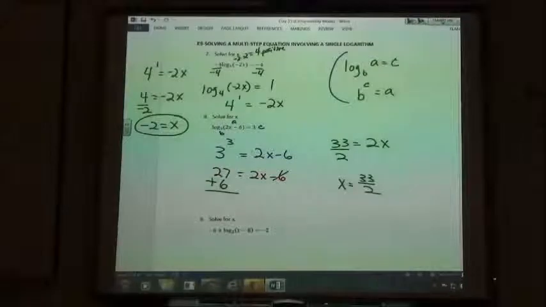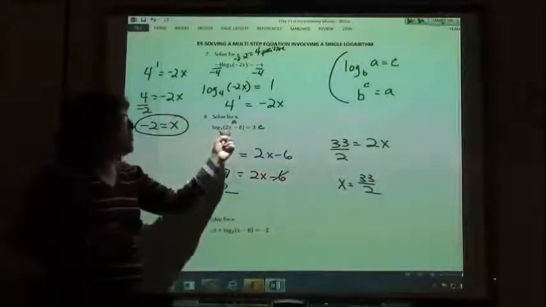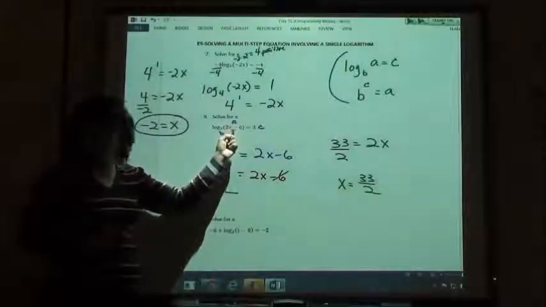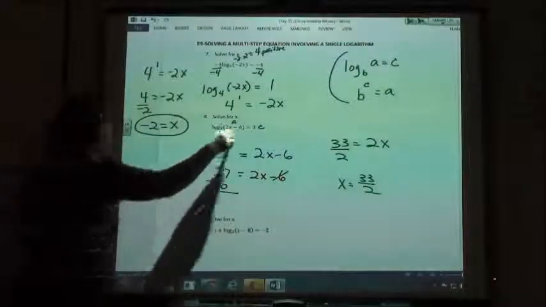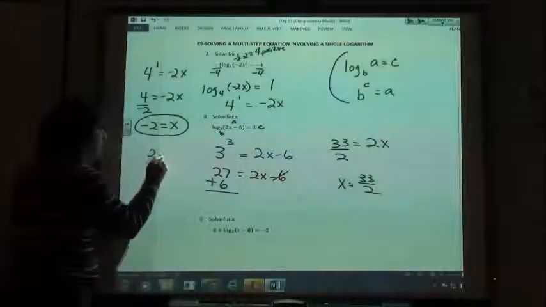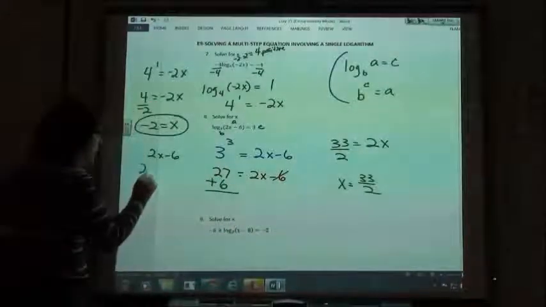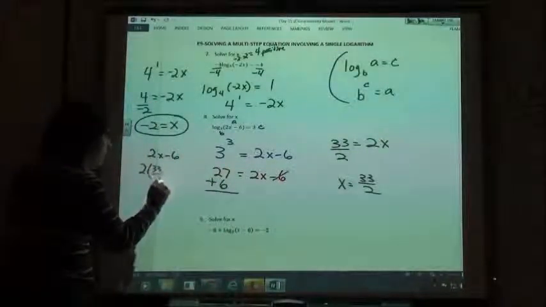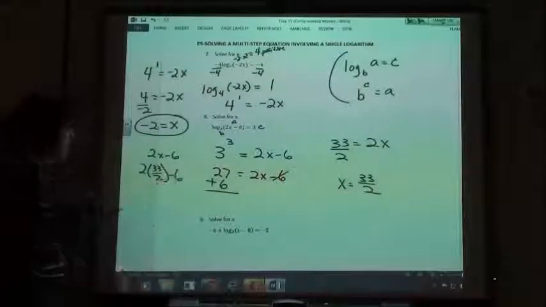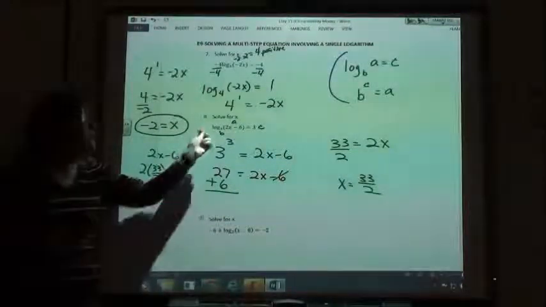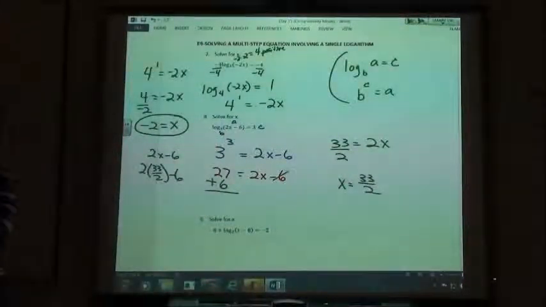Now the other thing we have to do is check to make sure when we put 33 over 2 in here, we end up with a positive number. So I'm just going to take the 2x minus 6 and put the 33 over 2 in there. We have to make sure that gives us a positive number because we can't take the logarithm of a negative. But we can take the logarithm of a positive.